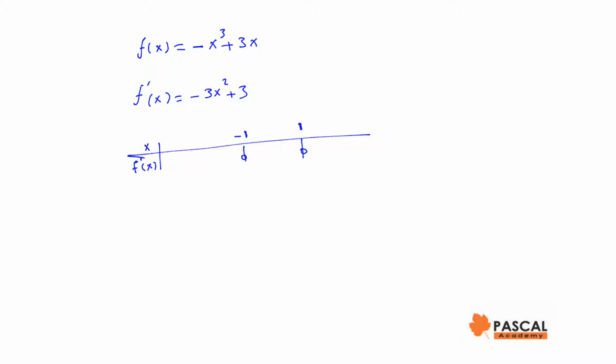We draw the sign chart for the derivative. For x less than negative 1, the derivative is negative. Between negative 1 and 1, it is positive. And for x more than 1, it is negative. Therefore, when x is less than negative 1, the given function is decreasing. Between negative 1 and 1, it is increasing. And when x is greater than 1, it is decreasing.